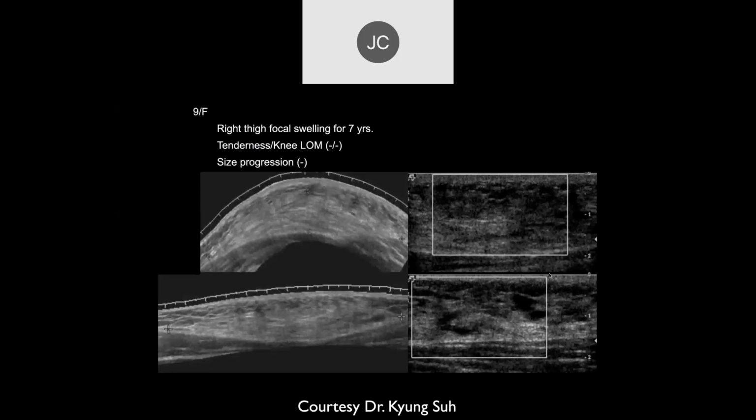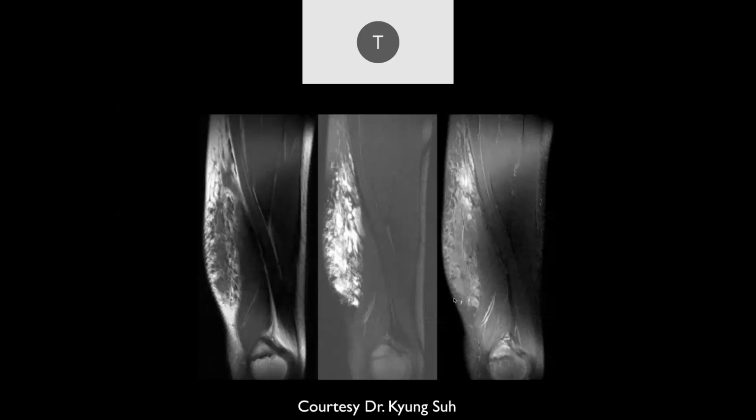Okay, Tayson. All right. Right thigh, focal swelling for 7 years. Just kind of heterogeneous signal on the ultrasound in the subcutaneous tissue there.